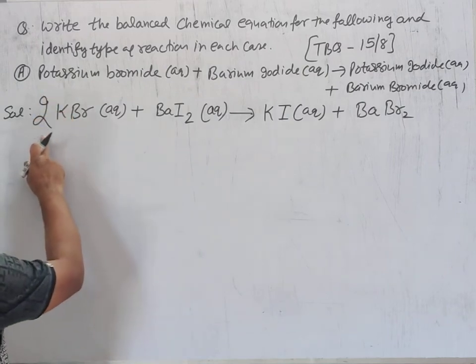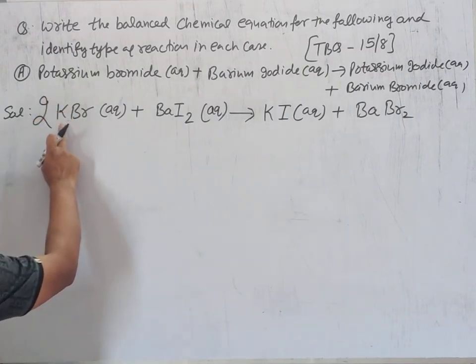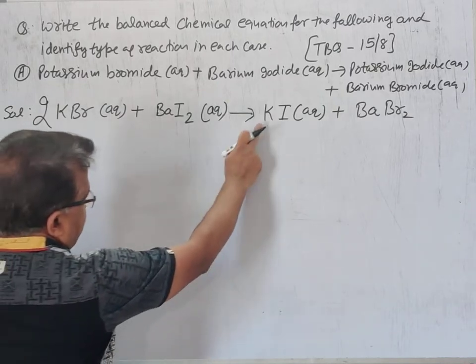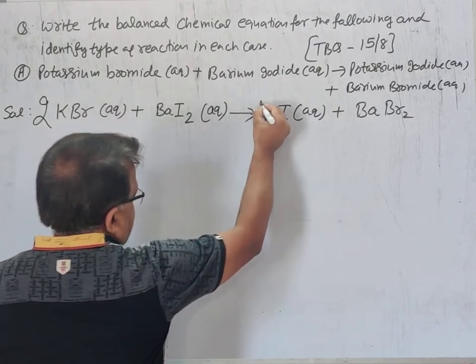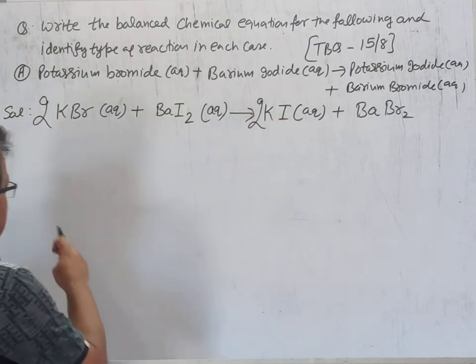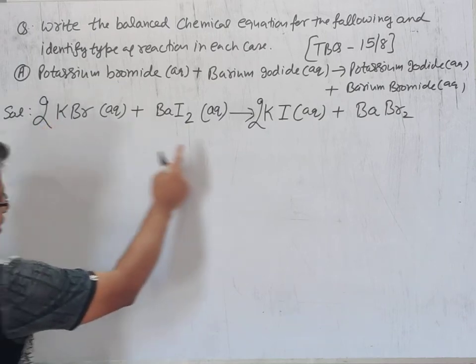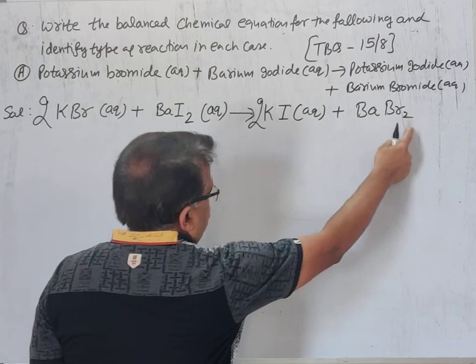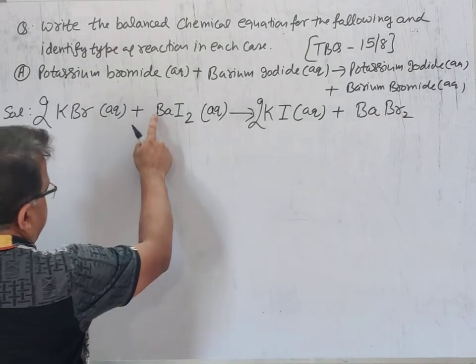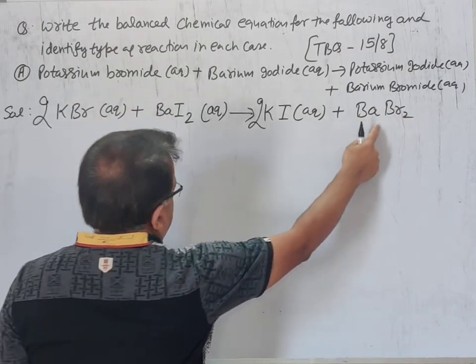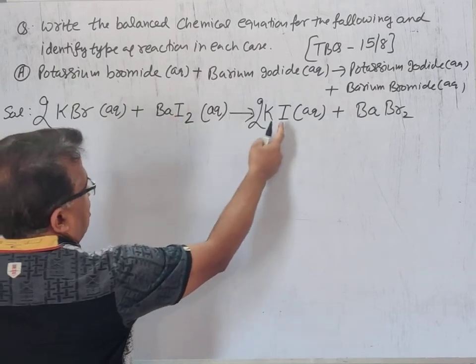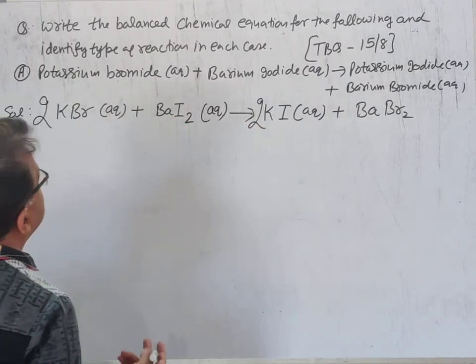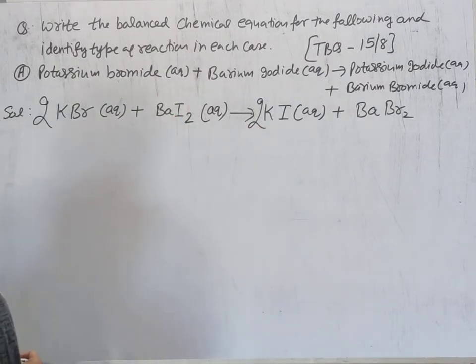By writing 2, now K becomes 2, KBr2 and KBr2, Br2, Br2, next Ba1, Ba1, I2, I2. So it is balanced.